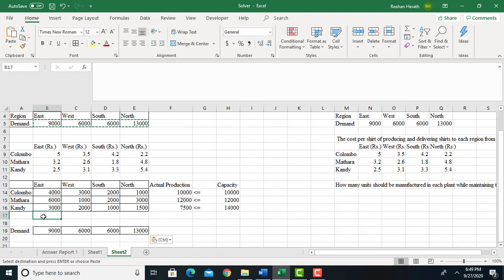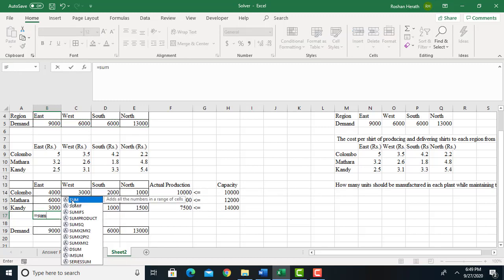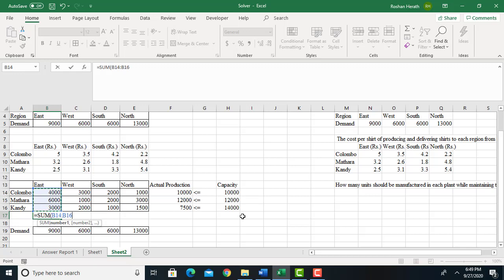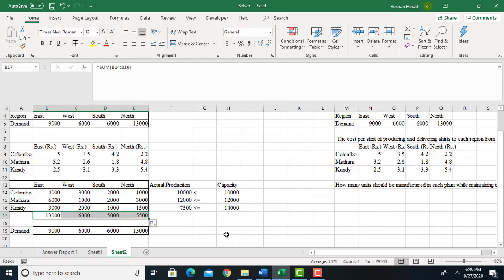So the goods that you send must be greater than or equal to the demand. It can't be less than the demand.